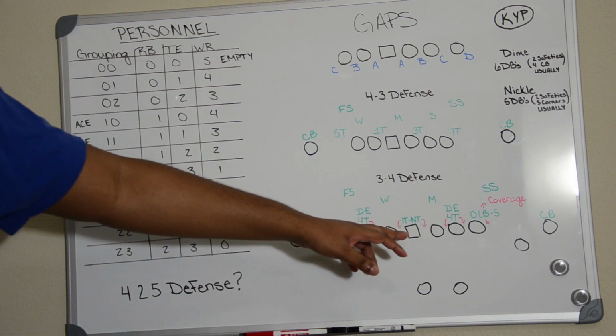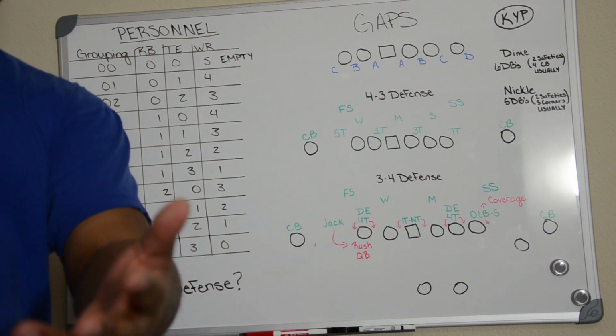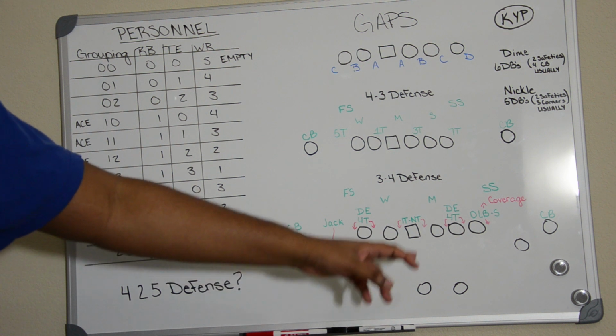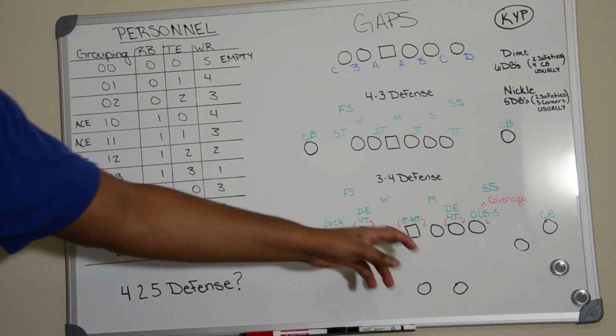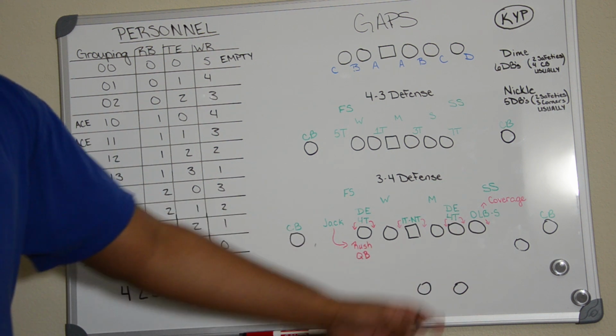You've got your 1 technique, or your nose tackle. Most guys like that: Vince Wilfork, who played with the Patriots and now the Texans. They usually line up right over the center, or they may shade into the A gap on either side, depending on which side the running back lines up.